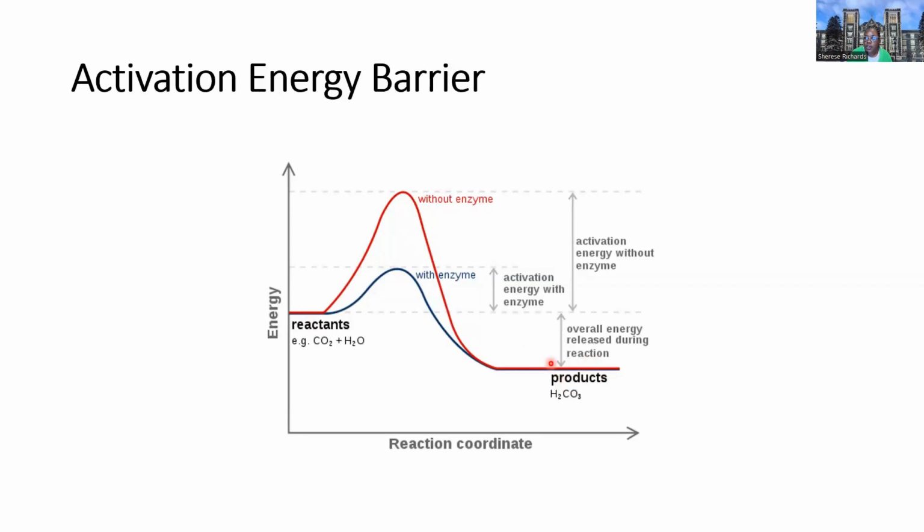And then our products are formed on the right. So notice the overall energy released during the reaction, right? And then notice the amount of energy that's required in the presence of the enzyme, which is the activation energy, versus the absence of the enzyme, which is twice as much energy that needs to be invested to drive this reaction.